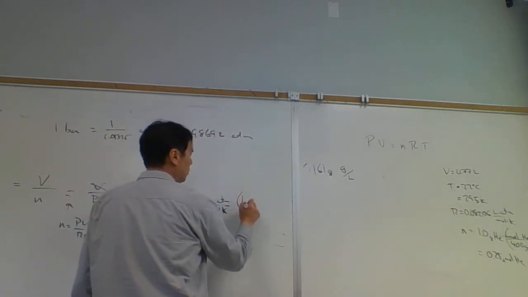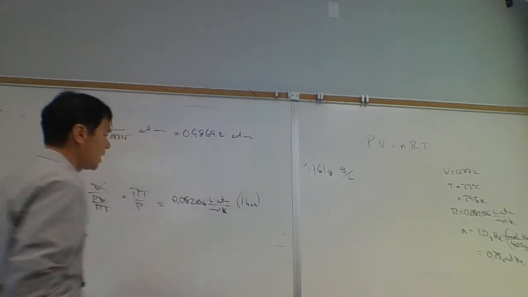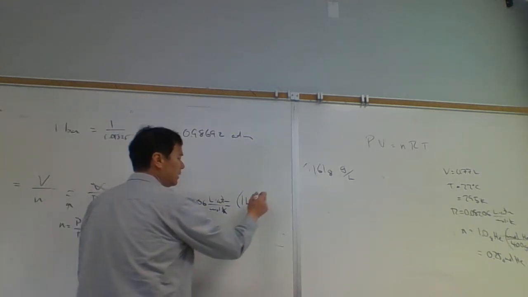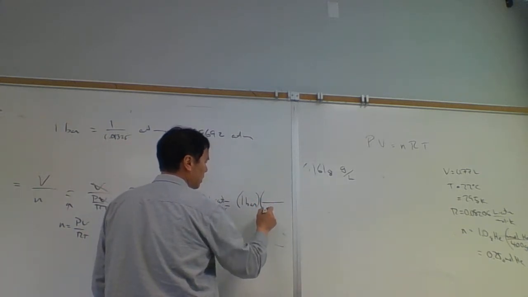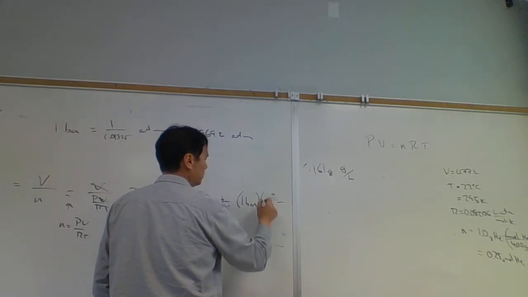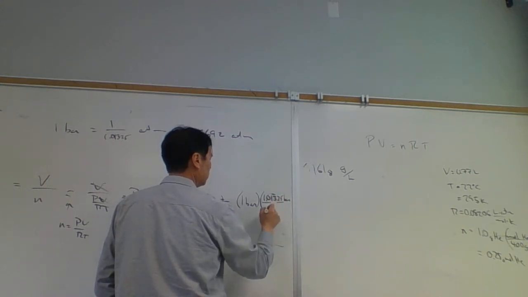And so I have one bar. Let's go with exactly one bar, so I don't have to worry about sig figs. I don't expect you to have to memorize this one, but 1 atmosphere is equivalent to 1.01325 bar.